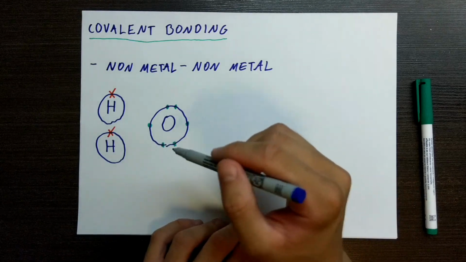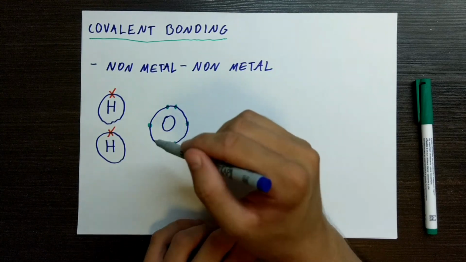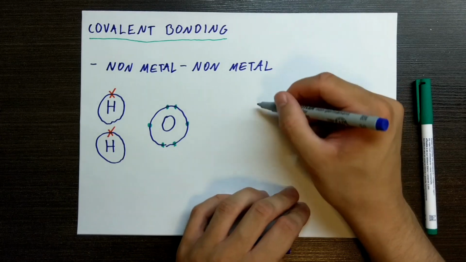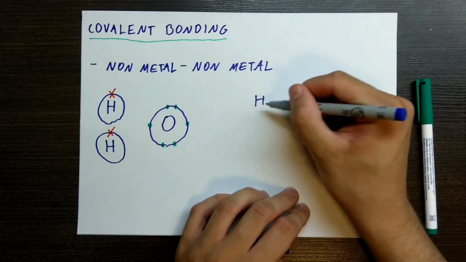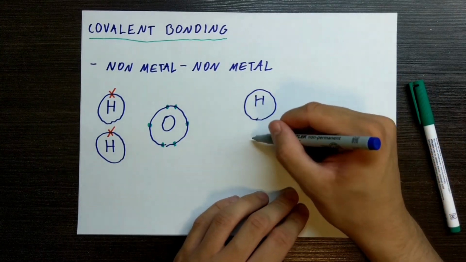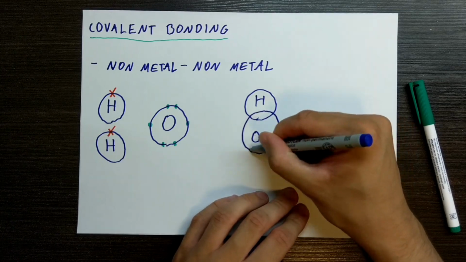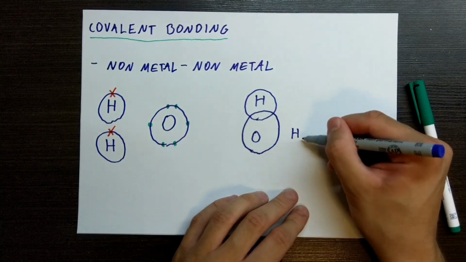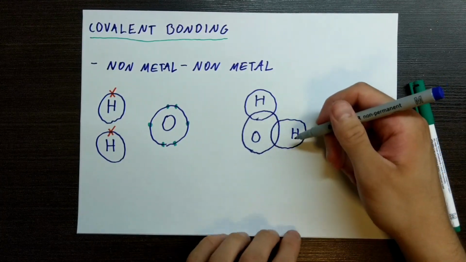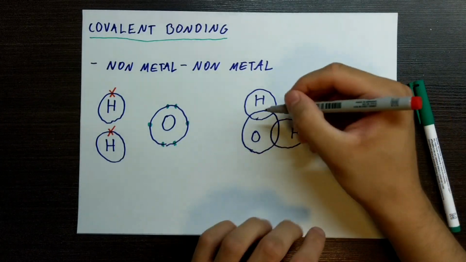So covalent bonding, as I said, is all about sharing electrons. So these are all going to share electrons like this. I'm going to show you. They come together like this. We have hydrogen here, oxygen here with a bit of an overlap, and here another hydrogen with a bit of an overlap. So what happens? They share electron pairs.